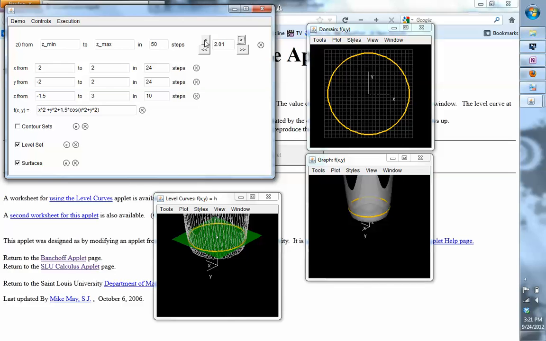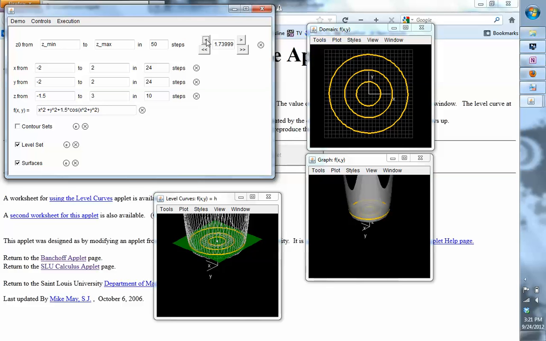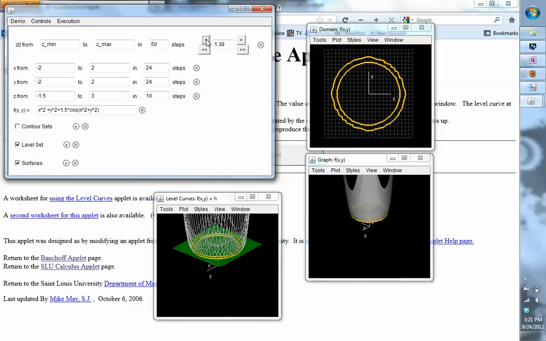Up here, I'm just on the paraboloid part of it. And then as I go down, I start hitting those oscillations from the cosine part. Those oscillations spread out and then disappear and merge. And now I'm below it, and I don't have any level set at all. Okay?